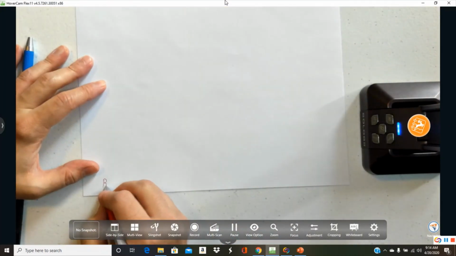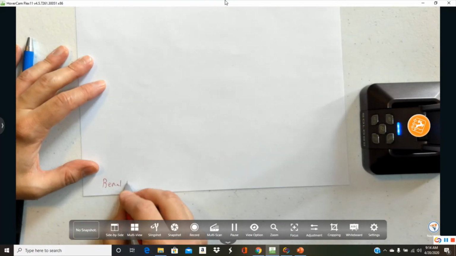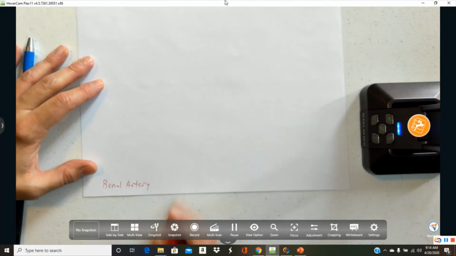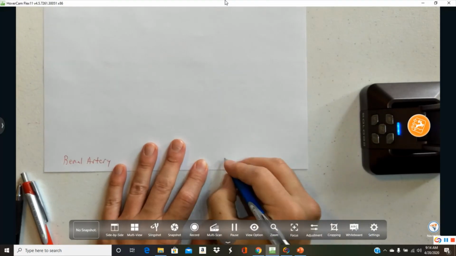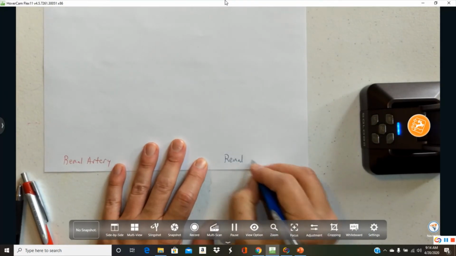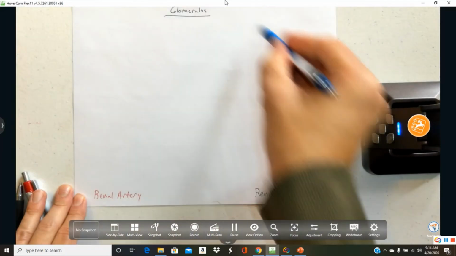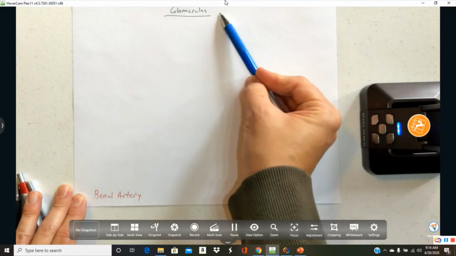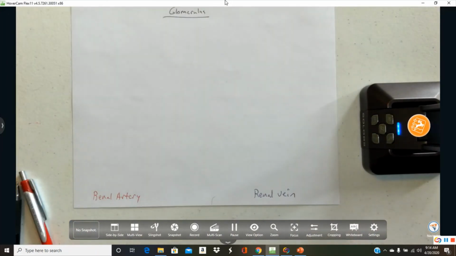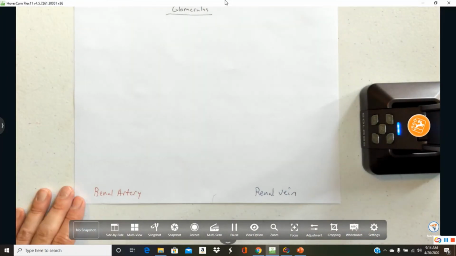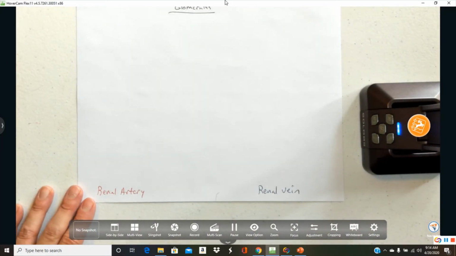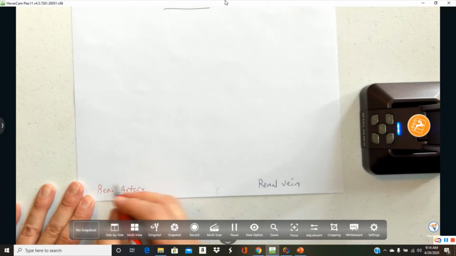Down here at the bottom, I'm going to write renal artery. And over here, I'm going to write renal vein. And what we're going to basically do is make a horseshoe. We're going to go from here to the glomerulus, glomerulus down to here.